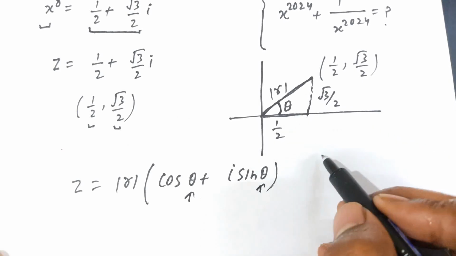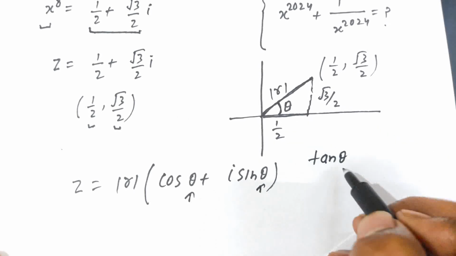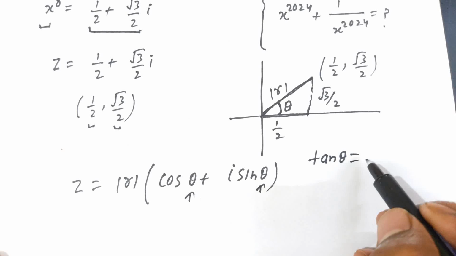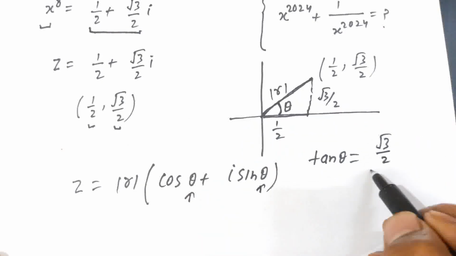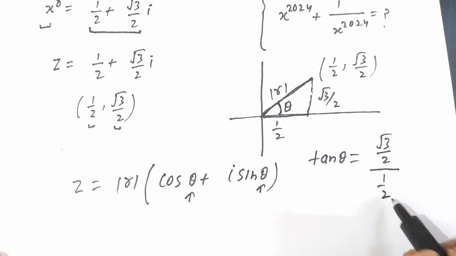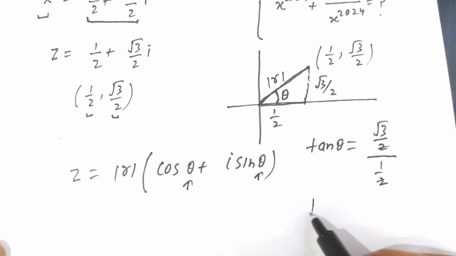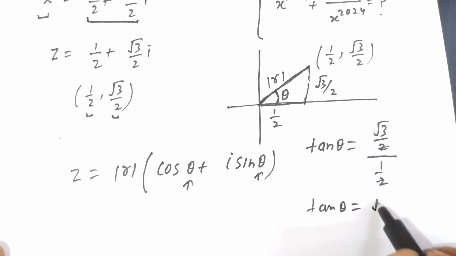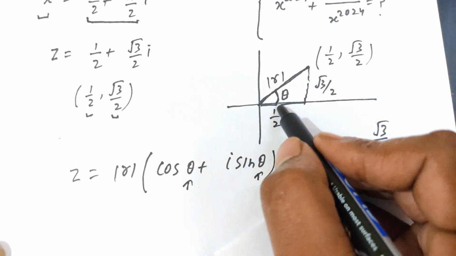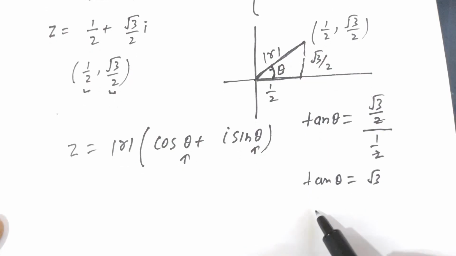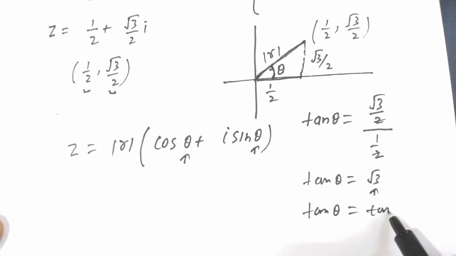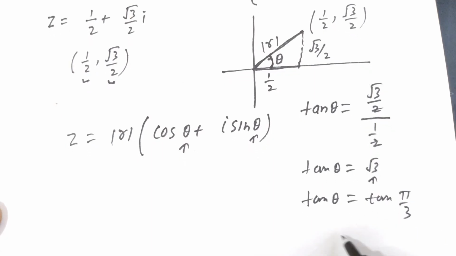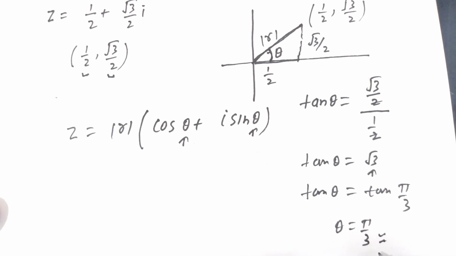Now if you find the value of tan theta, we know that tan theta is perpendicular upon base, where perpendicular is square root of 3 divided by 2 and base is 1 by 2. Then this 2 and this 2 cancel out. Then tan theta is equal to square root of 3, and we know that this theta lies in the first quadrant. So tan theta is equal to square root of 3, that is tan pi by 3. So the value of theta is pi by 3. So here the argument is pi by 3.